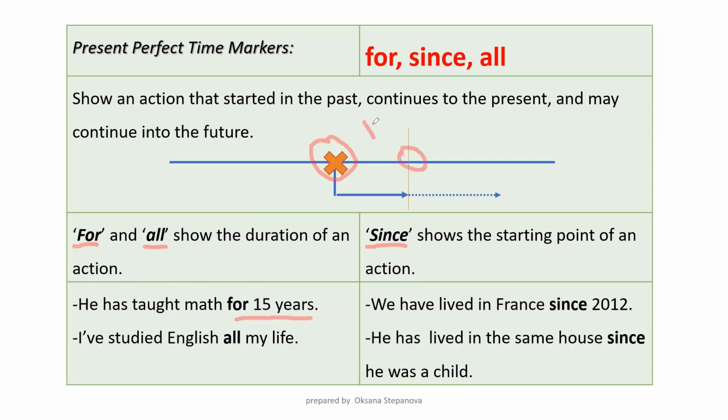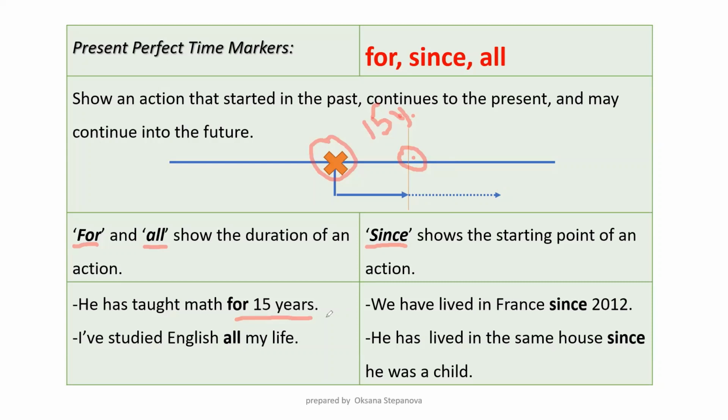All of it was 15 years altogether, but there is no particular moment when he stopped teaching, or if he's still teaching, we don't know. That's why it is a generalized idea, and it may continue to the future.